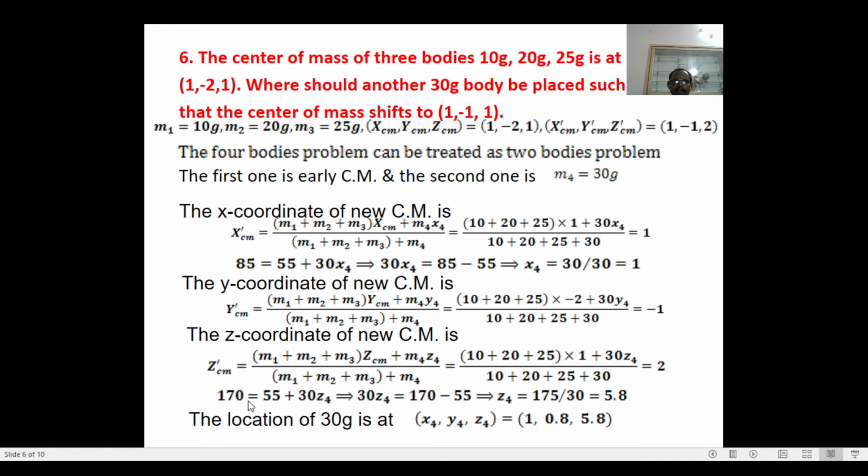Now simplify it. 170 is equal to 55 plus 30 Z4. This implies that 30 Z4 is equal to 170 minus 55. This implies that Z4 is equal to 175 divided by 30, which is equal to 5.8.